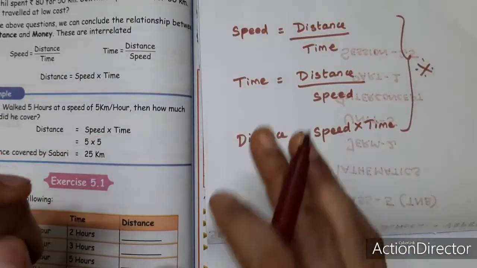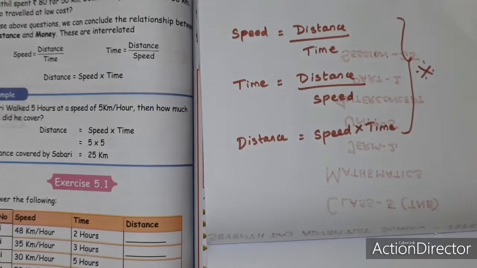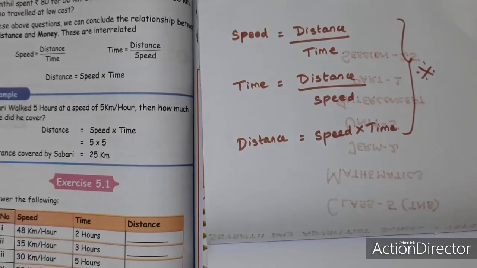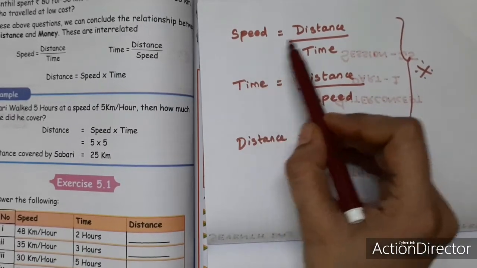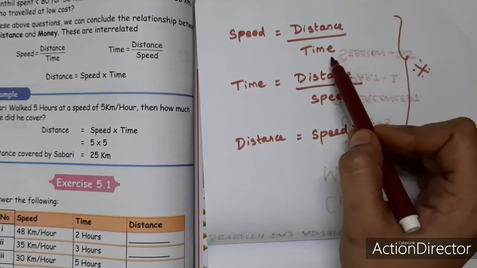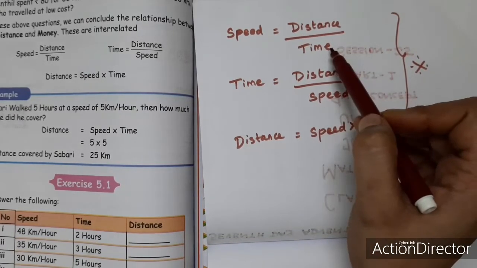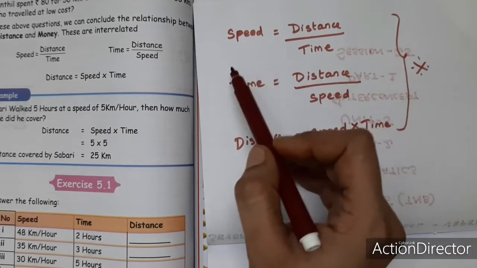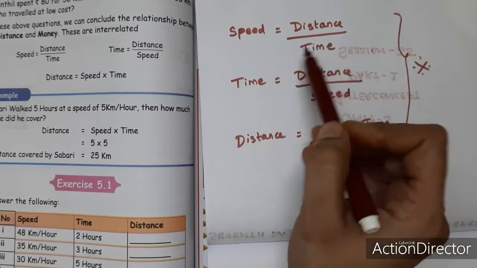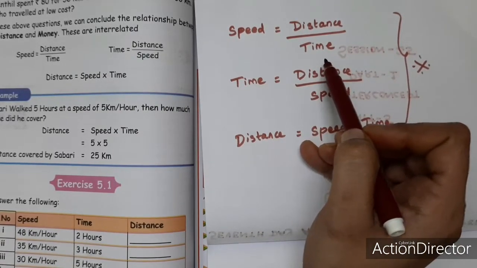Okay, so in a sum they would have given distance and time. They have asked you to find the speed. Then what is the formula you will use? You will use speed equal to distance divided by time. So distance or time value would have been given in the sum. If they ask you to find the speed, what you will do? You will use this formula, that is speed equal to distance divided by time.